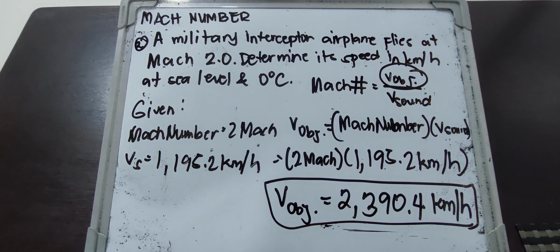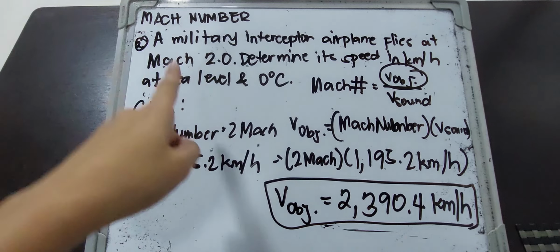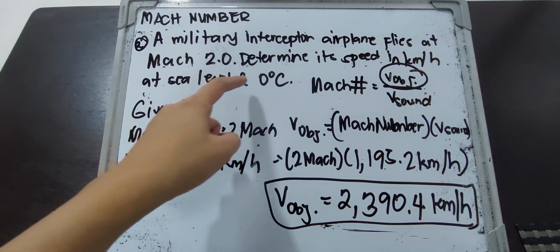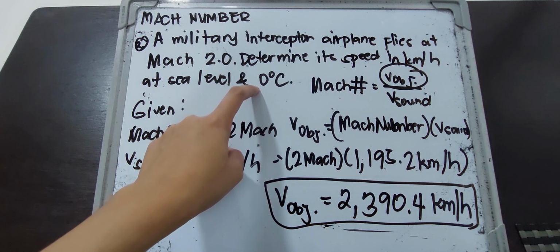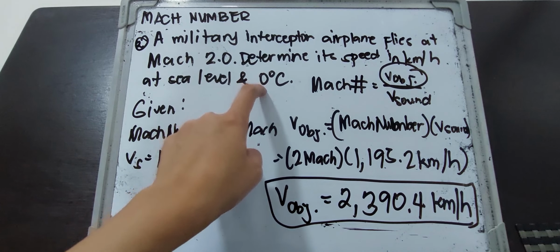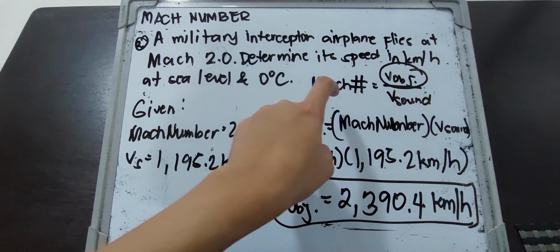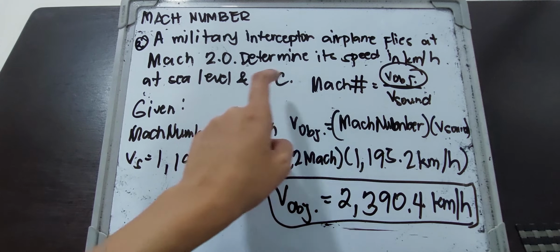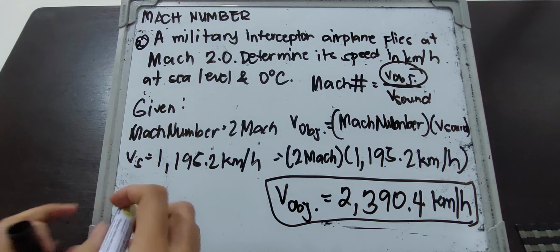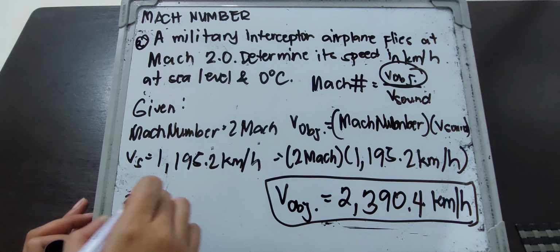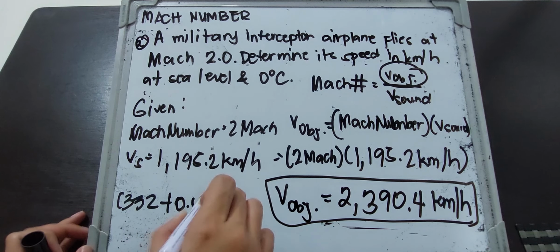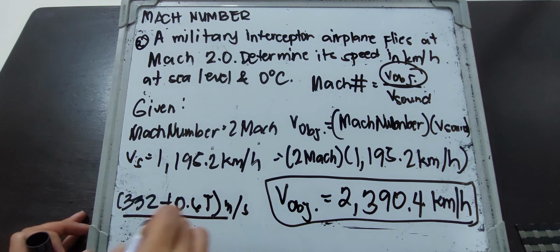2,390.4 kilometers per hour. Assuming that it is at sea level and the temperature is at 0 degrees Celsius. Okay? So, pag hindi naman 0 degrees Celsius yung temperature at kukunin natin yung Mach number, kukunin muna natin yung speed of sound using the formula earlier na 332 plus 0.6 t meters per second.